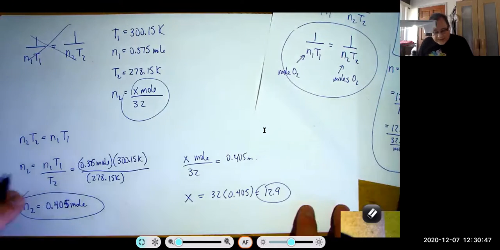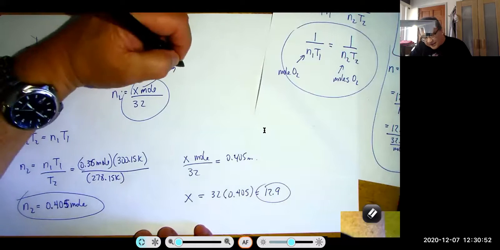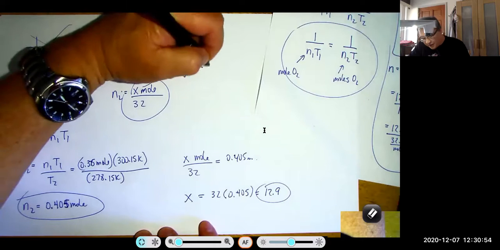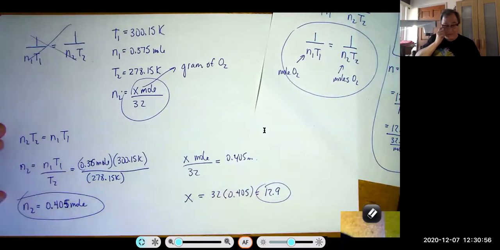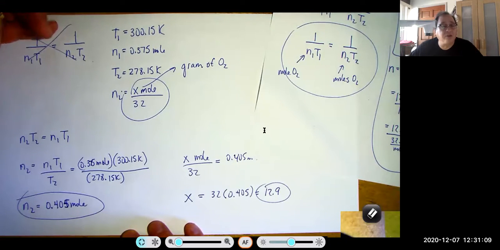So what was X if we go back to here? X is the grams of oxygen. Okay. So the answer is I need 12.9 grams of oxygen to inflate the balloon to the same size at 5 degrees Celsius.